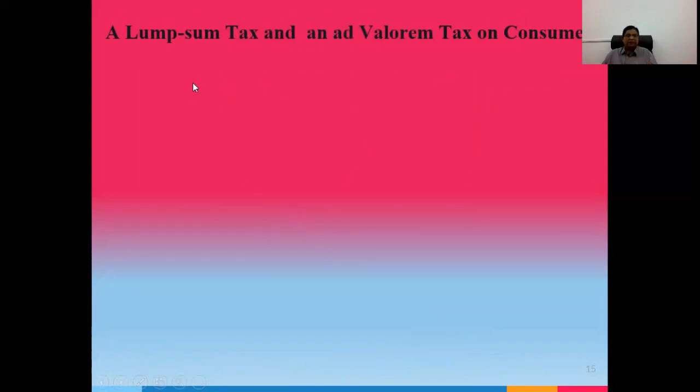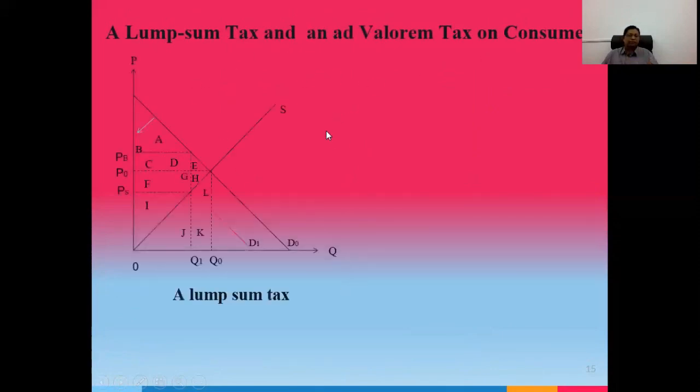Then lump sum tax and ad valorem tax on consumers. Now I am going to explain the economic implications of lump sum tax and ad valorem tax on consumers. When the government imposes a lump sum tax on consumers, the price of the product increases.